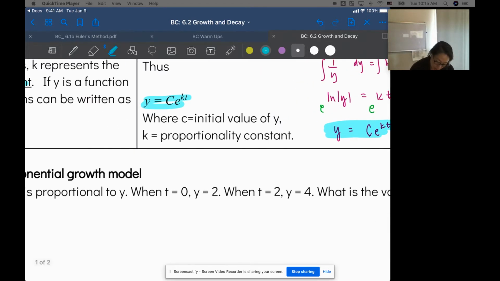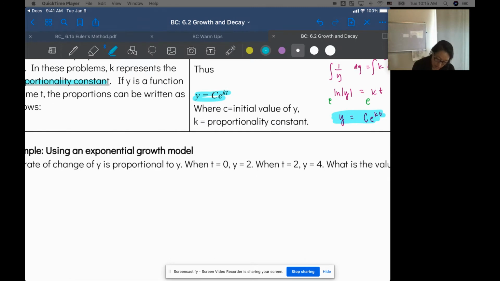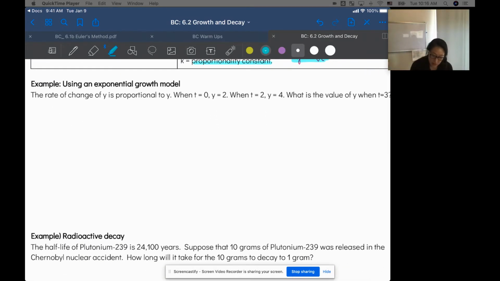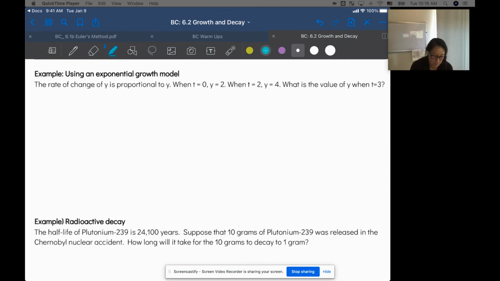A couple things to note: c is the initial value, k is the constant of proportionality, and t is the time. Honestly, a lot of these problems are just pre-calc problems with us recognizing that the rate of change pattern is exponential.